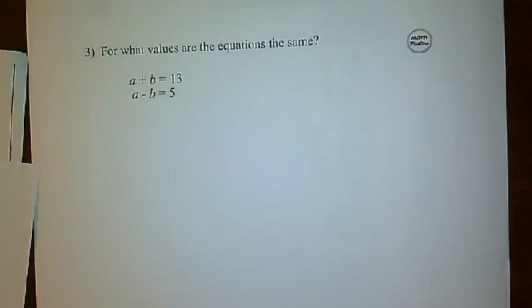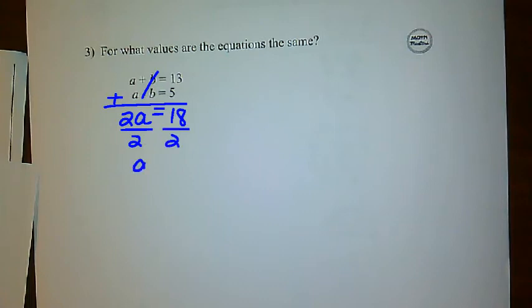Okay, again, very similar. I'm going to choose to add. Whenever I have that choice, I'm always going to add. Again, I have the A's are the same, so I would subtract if I wanted to, but my B's are additive inverses, so I'm going to choose to add. So 2A equals 18.